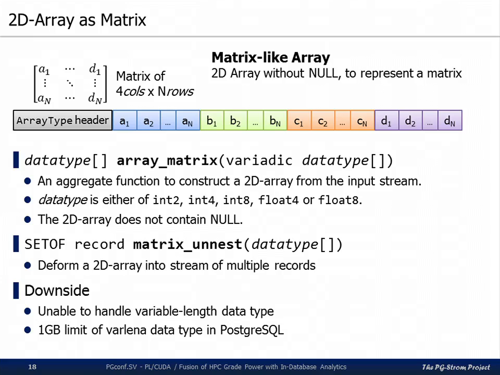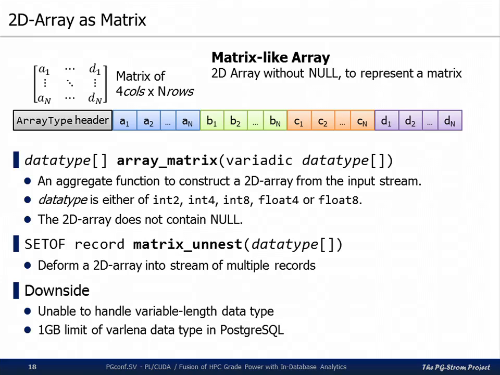For example, if we have 4 columns and n rows, its internal data format is as described in this diagram. On top of the array, the data items of the first column are put. Then the items of the second column are located next to the first column.